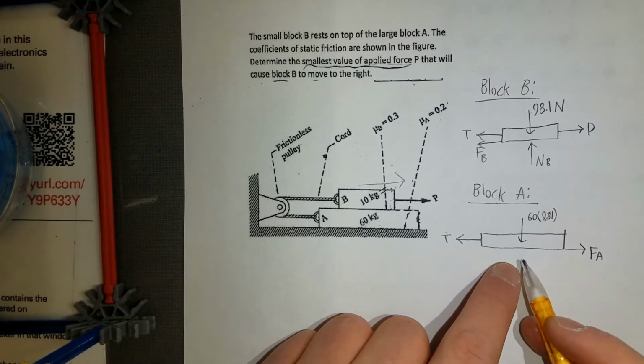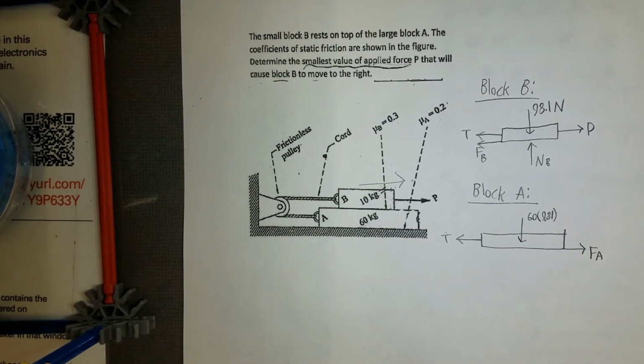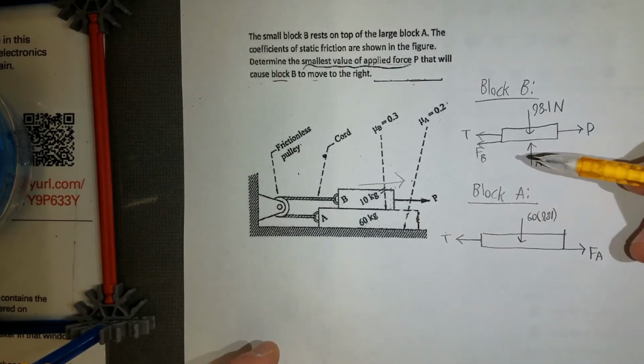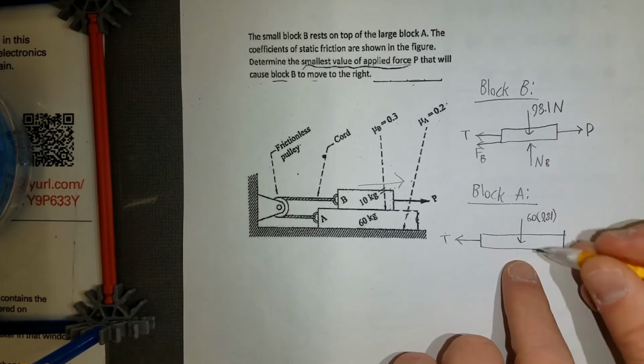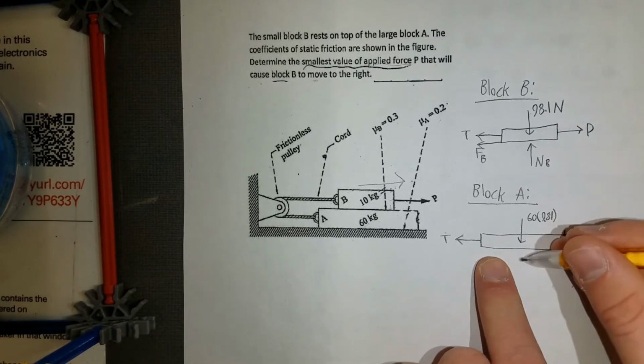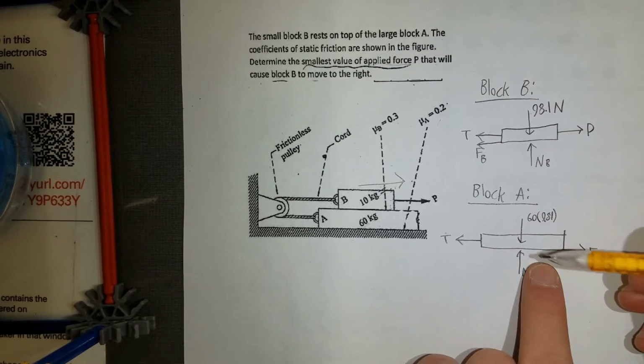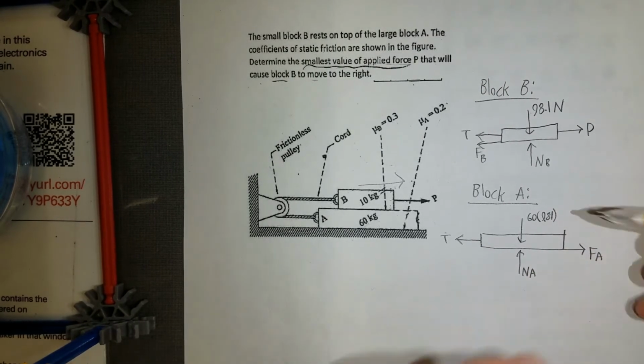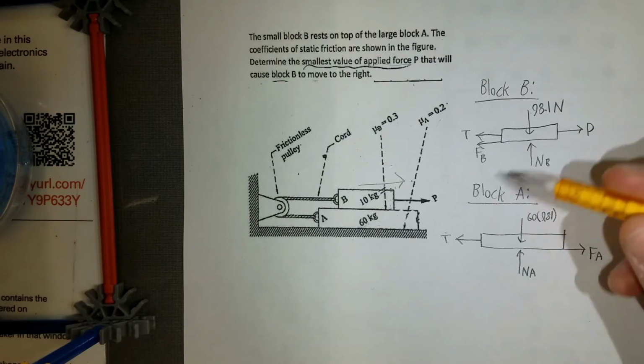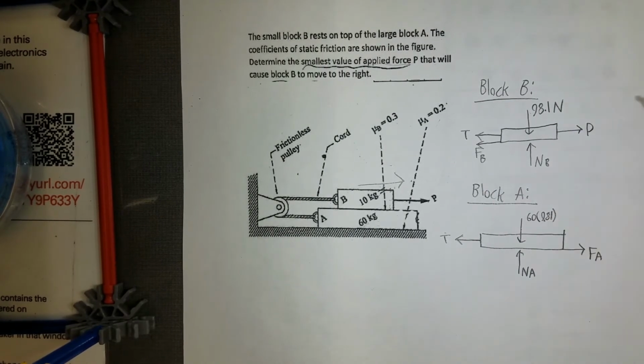And then there's some other forces here that are also tricky for you to see if you're not really taking a deep look at this and thinking about it. So, of course, acting upward to counteract this force is going to be a normal force, A. But that's not the only normal force that we need to worry about. This is again a case where equal and opposite reaction forces comes into play.